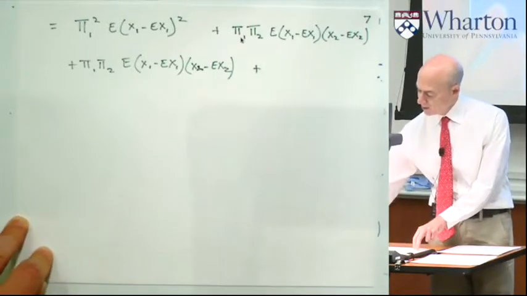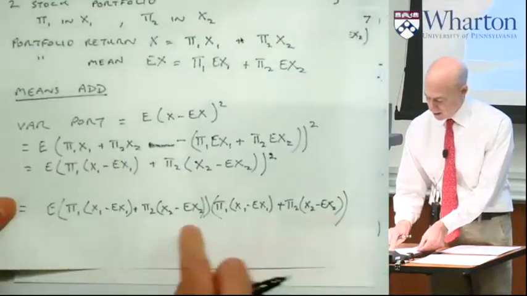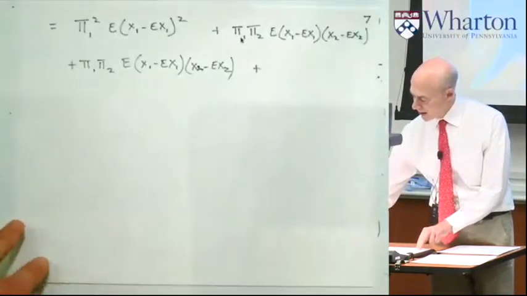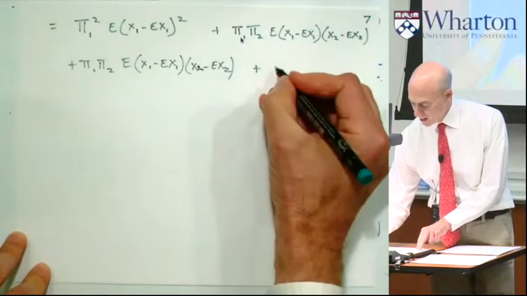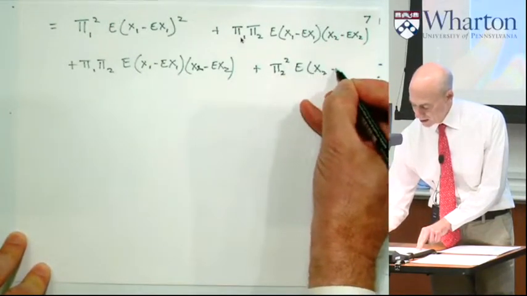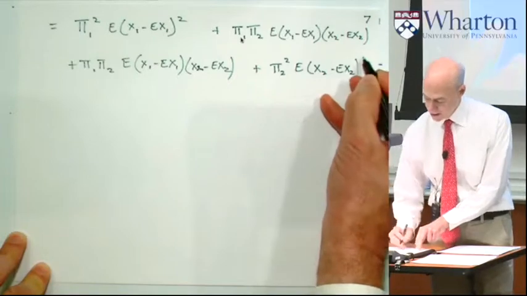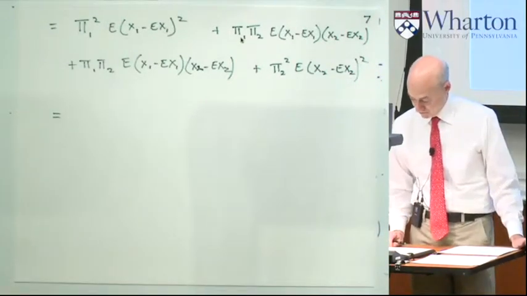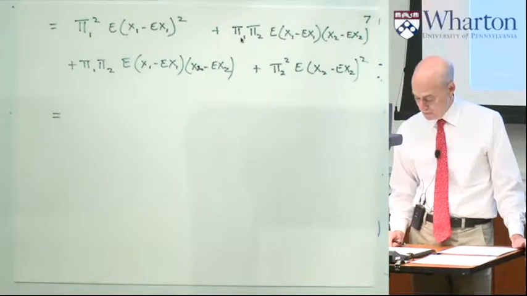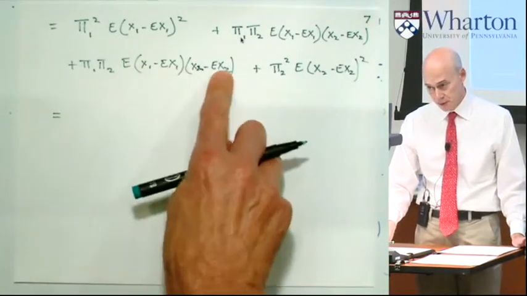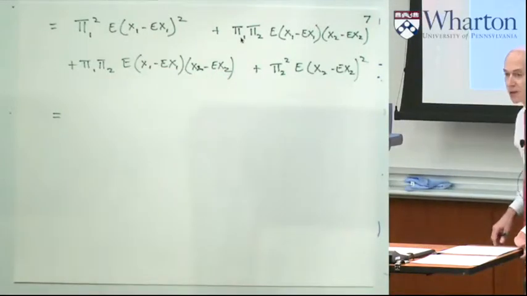And then our final one, we get this term times this term. So we get pi 2 squared times (x2 minus EX2) squared. Second, the x2 minus EX2, yeah. Is that also differentiation? So we've taken the expectation of both of them. It's the expectation of the product. Yes.